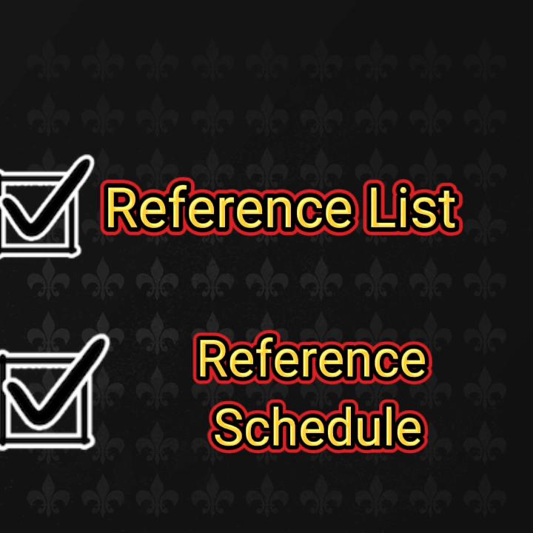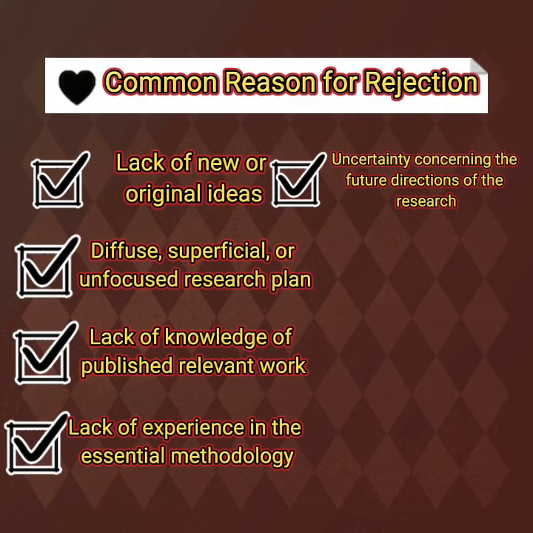The most common reasons for rejection include: first, lack of new original ideas; second, a diffuse, superficial, or unfocused research plan; third, lack of knowledge of published relevant work; fourth, lack of experience in the essential methodology; and lastly, uncertainty concerning the future directions of the research.